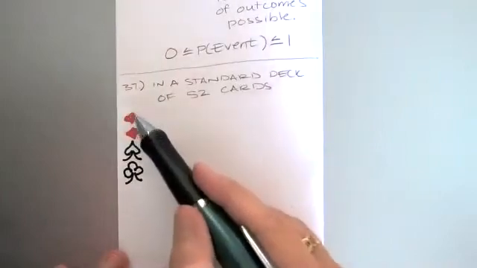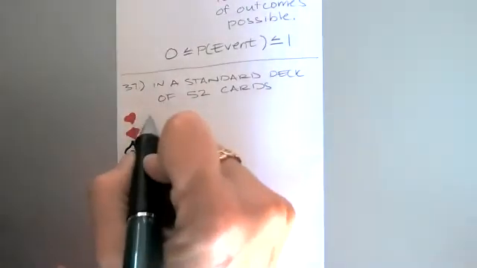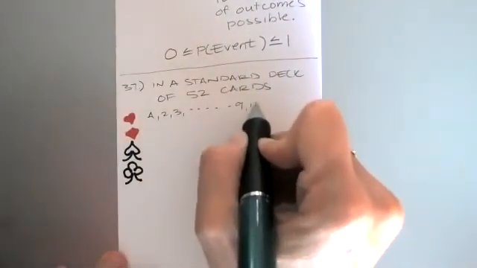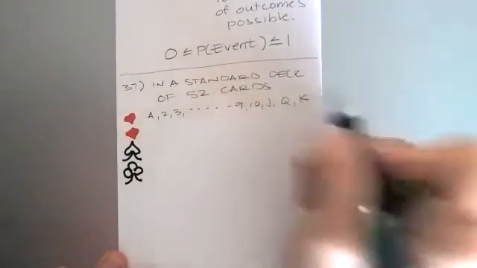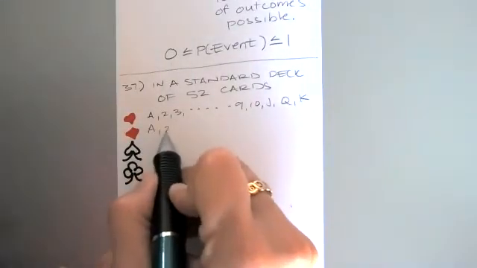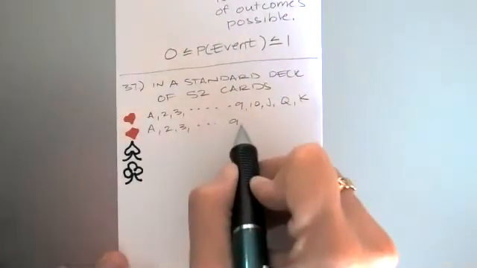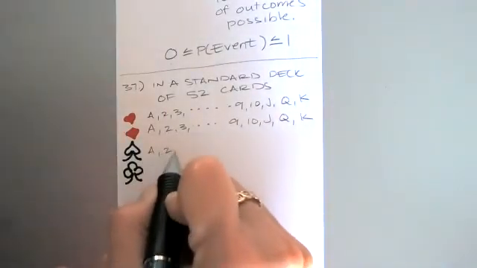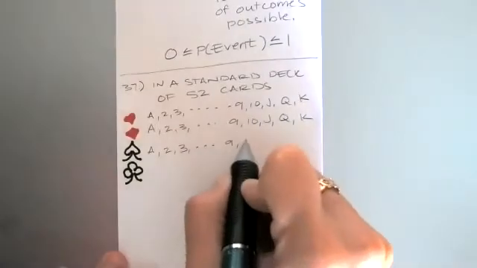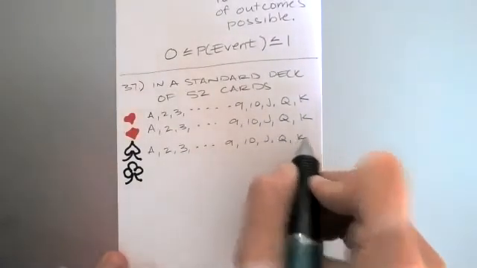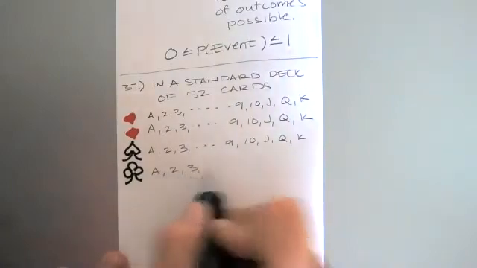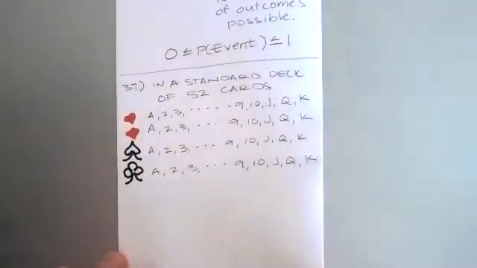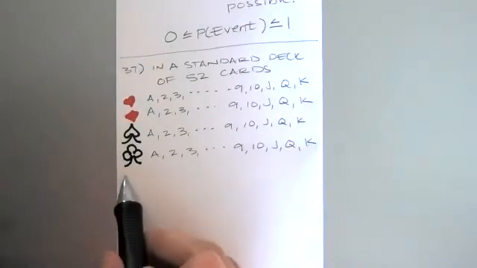So for each, so we've got 2 red and 2 black, and all of them have ace, 2, 3, 4, 5, 6, 7, 8, 9, 10, jack, queen, and king. So that's the 13 cards for each one.